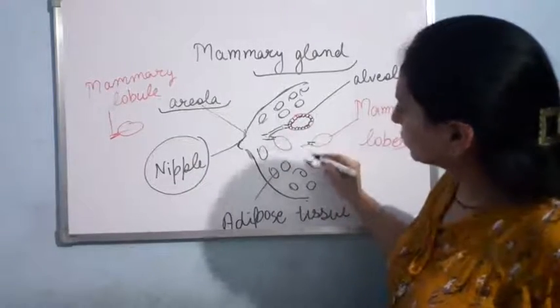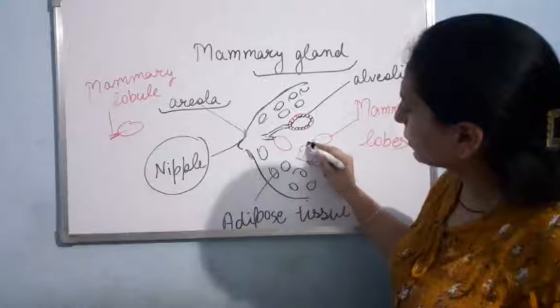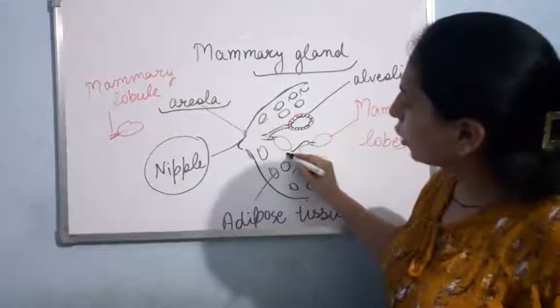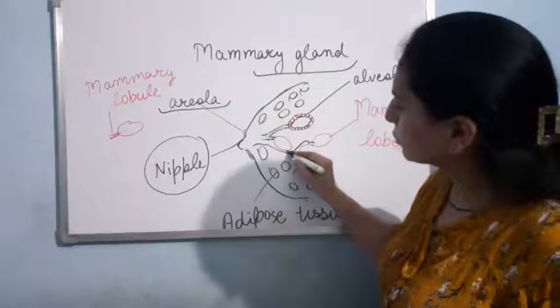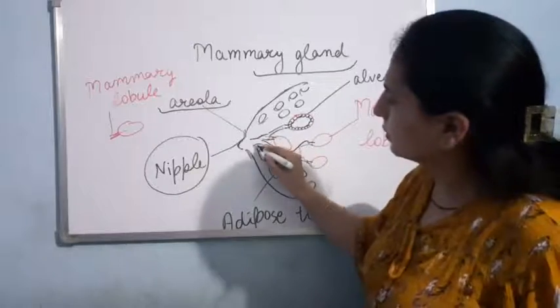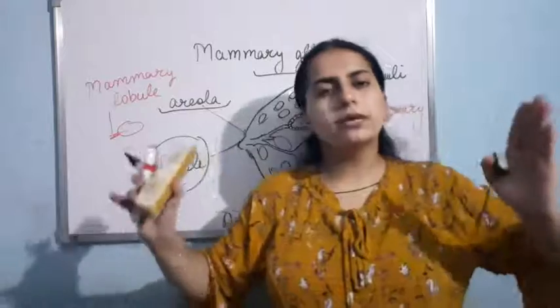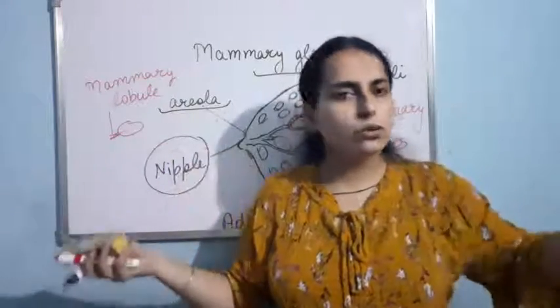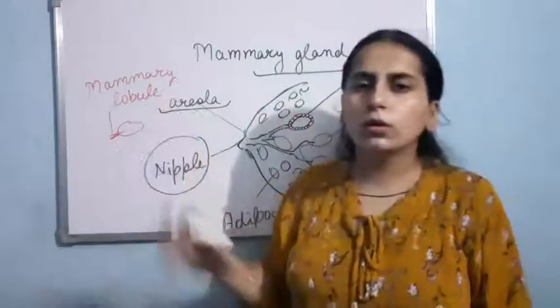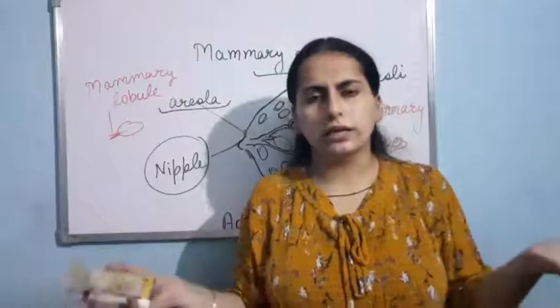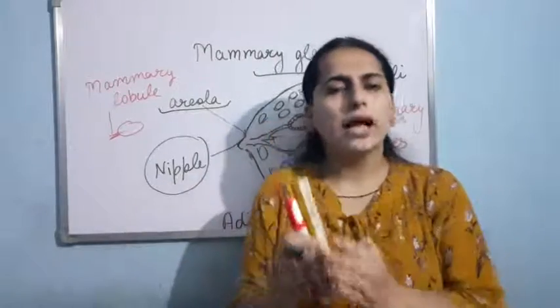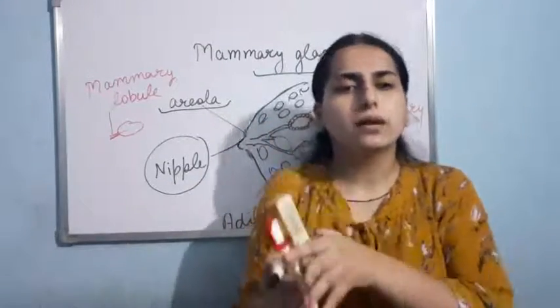Suppose here also they join, a mammary duct will form. Just see here, 15 to 20 lobes are there. From them, 15 to 20 mammary lobules will arise. These are the ducts only. Now these ducts will join and form the mammary ducts.